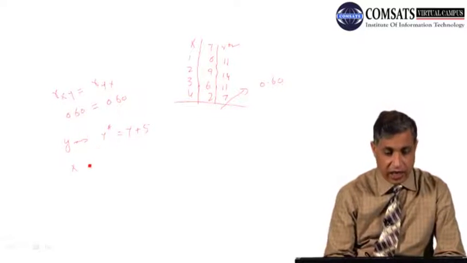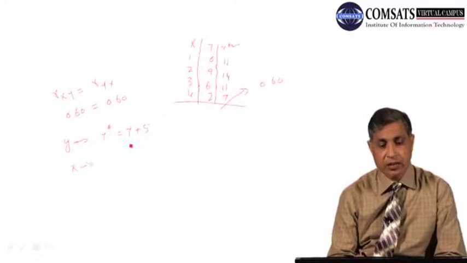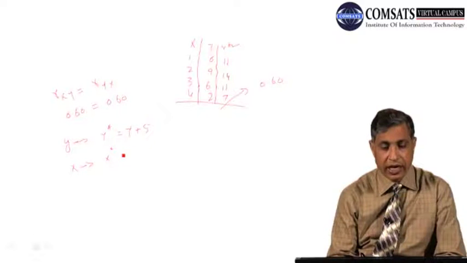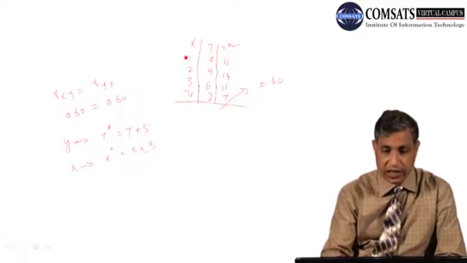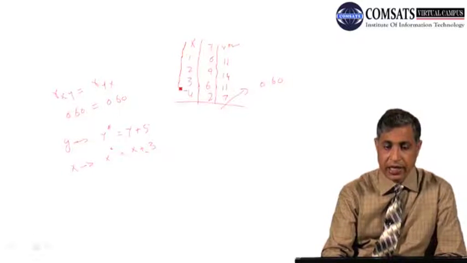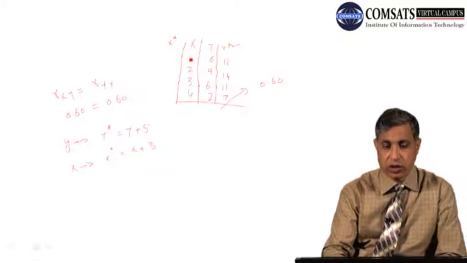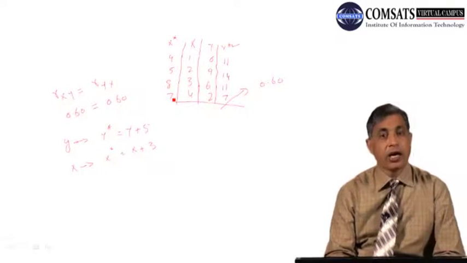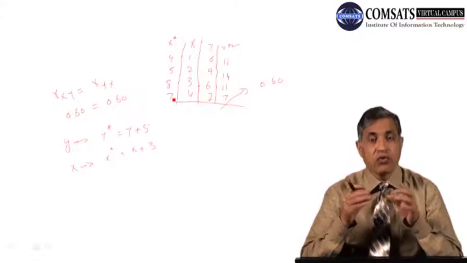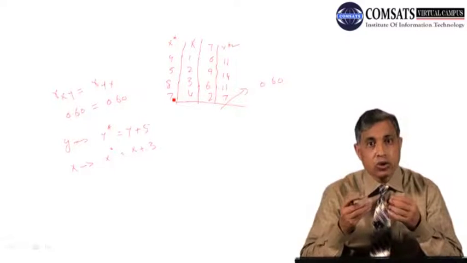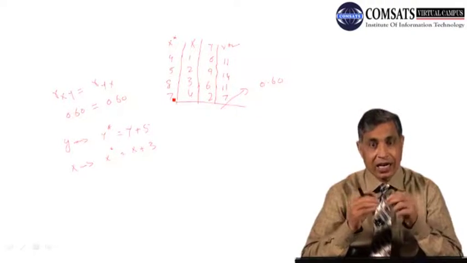Again, I want to generate another variable x star, and I say that x star is equal to x plus 3. So I add 3 to x, and I make a column here, and this is x star. Adding 3, this will become 4, this will become 5, 8 and 7. Now rather than taking the correlation between x and y, we take the correlation between the newly generated series, x star and y star.